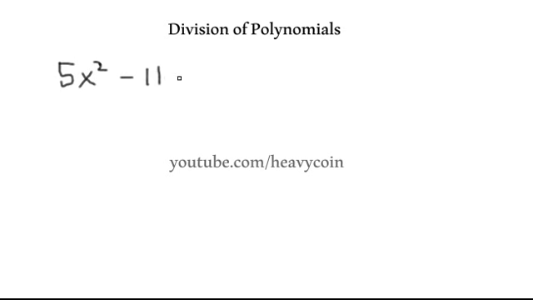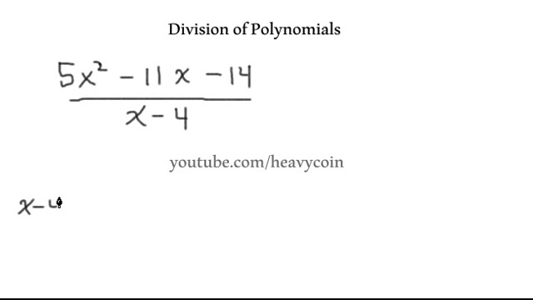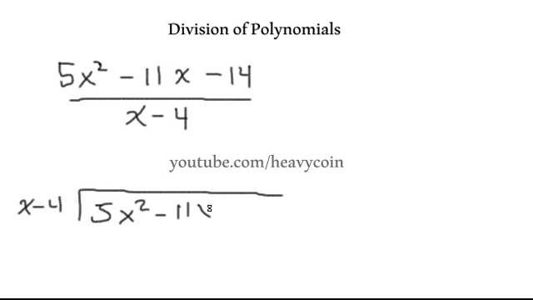In the last problem, the remainder was 6. And it's all over x minus 3. So we're going to rewrite this as x minus 4. And we got 5x squared minus 11x minus 14.